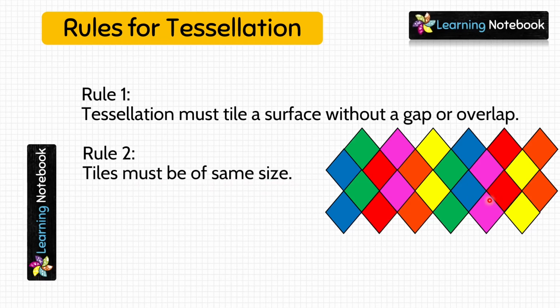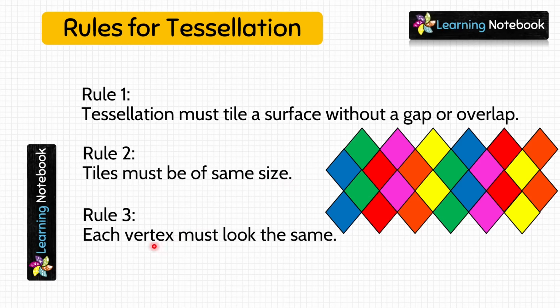You can look at any tile. All of them are of the same size. Now the third rule is each vertex must look the same. Here students, this is a vertex and every vertex, be it this vertex or this, every vertex looks the same. You can check any vertex, it will look the same. So these are the 3 rules for tessellation.